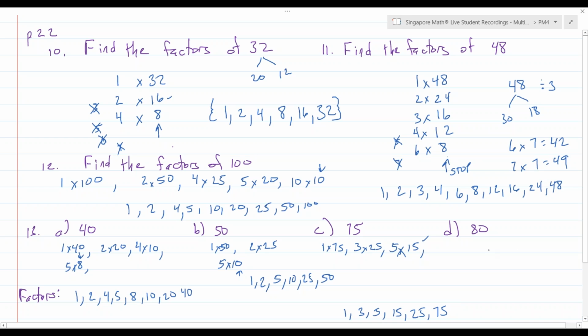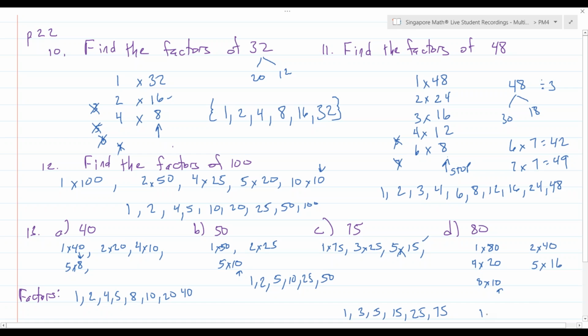The last one is 80. 1 times 80, 2 times 40, 3 won't work, but 4 times 20, 5 times 16, 6 doesn't work, 7 doesn't work, 8 times 10, 9 doesn't work, and I'm repeating 10 again now, so I'm through.